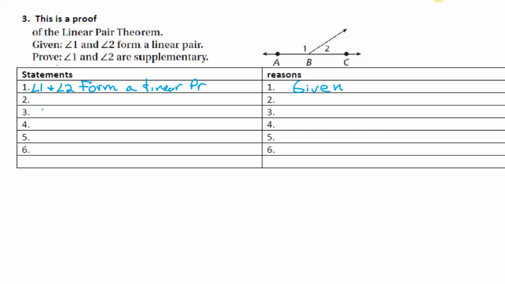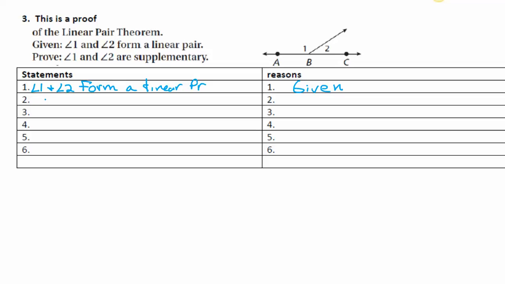Okay, step 2. We are going to now say, well, what does it mean if they're a linear pair? So what does it mean to be a linear pair? It means that angle 1 and angle 2 form a straight line. I'm going to write that. Now, you wouldn't necessarily have to write this, but it is a straight line, right?